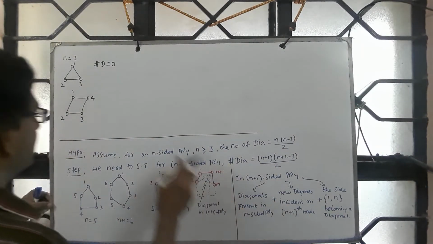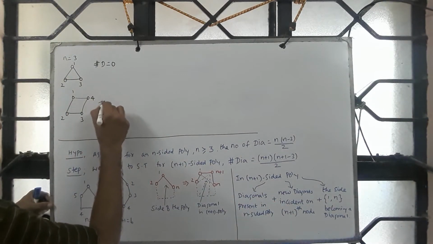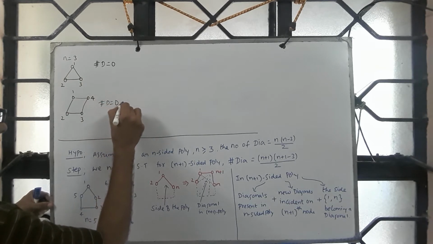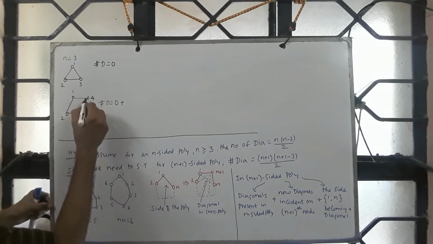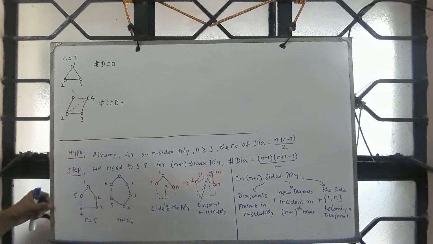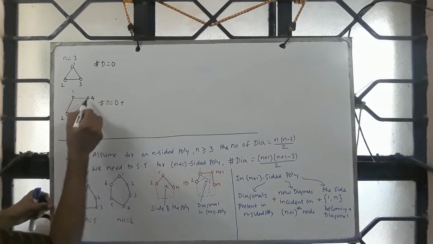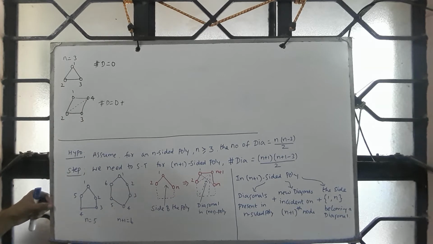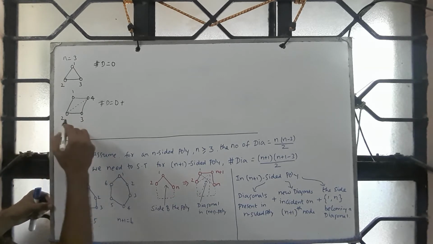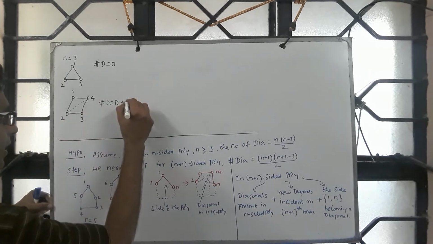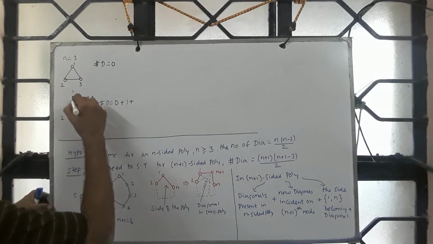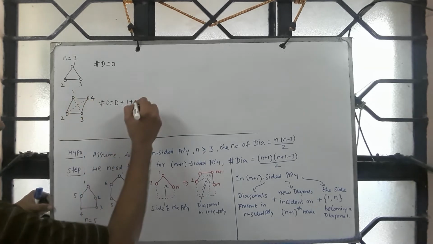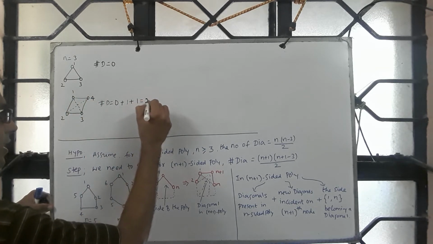The number of diagonals present in the n-sided polygon is 0, plus new diagonals incident on the n plus 1th node. Correct? With 1 and 3 it will not create because they are the sides of the polygon. With other vertices it will create, in particular with 2 it will create, that is 1. Then the side 1 comma n, in this case it is 1 comma 3, so you get this. So the total number of diagonals is 2.